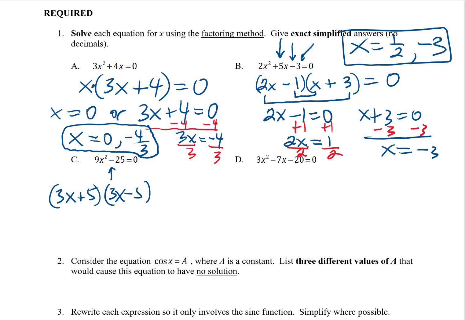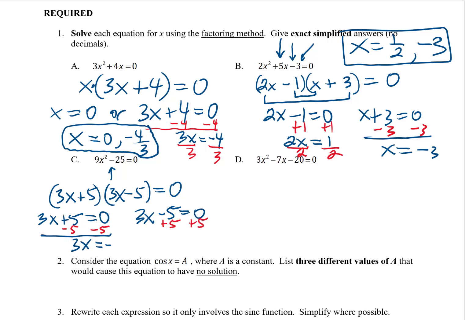I'm going to have 3x plus 5 and 3x minus 5. If you FOIL that out, you'll get back to what we had. And then the finish is basically the same. Set each of these factors equal to 0 and solve for x. 3x equals -5 here. 3x equals +5 here. And then divide everybody by 3. It looks like my final two answers here are +5/3 and -5/3.